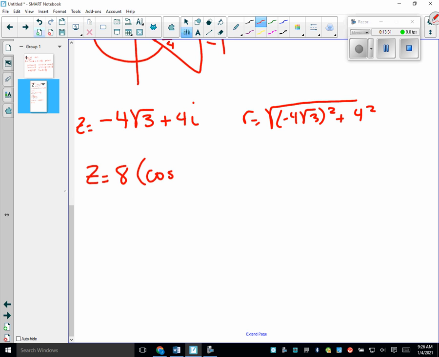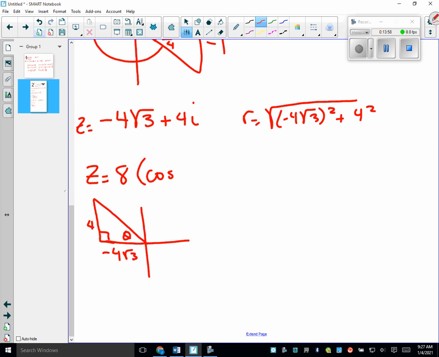Now, what quadrant is this in? X is negative, Y is positive, right? So, if this is theta, isn't this negative 4 radical 3, and this is 4?